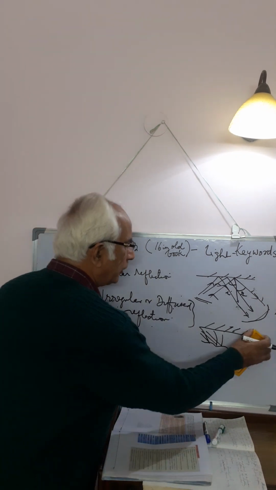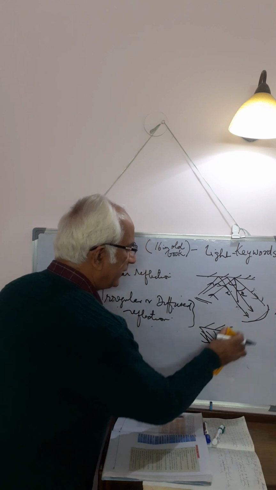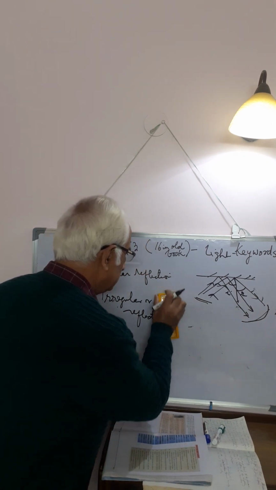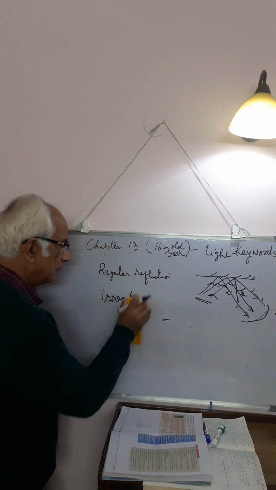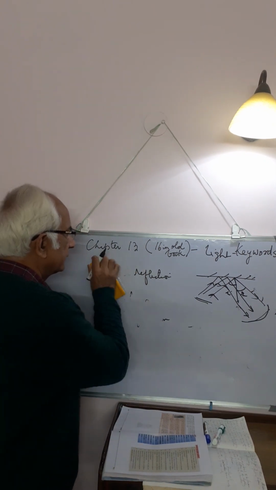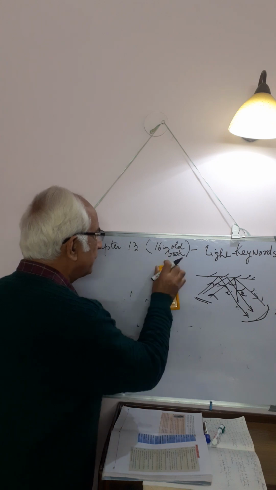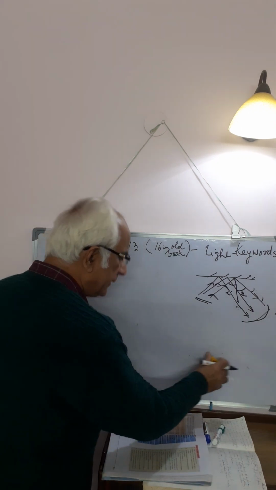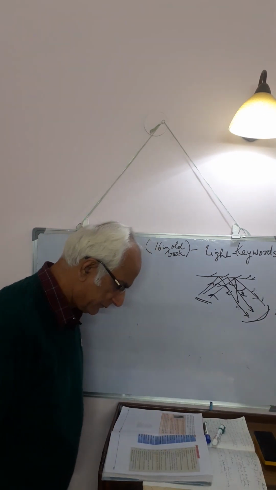Reflected rays will be non-parallel in the case of diffused reflection. So we have understood both the words, regular reflection and irregular reflection.